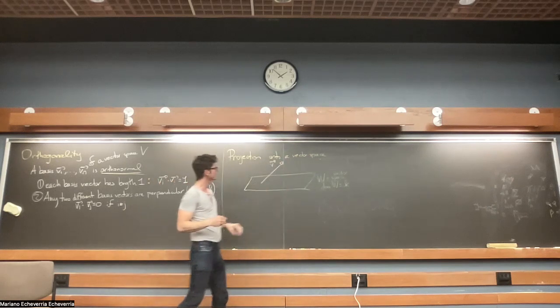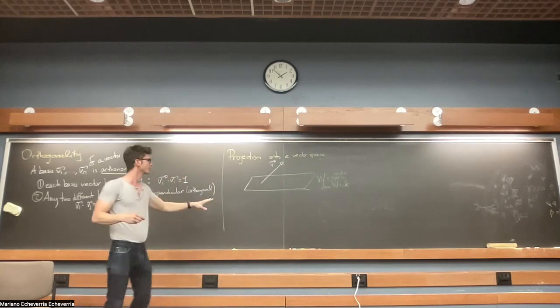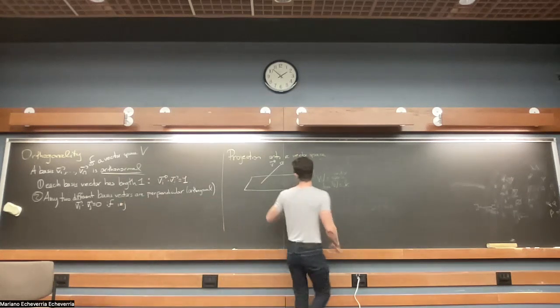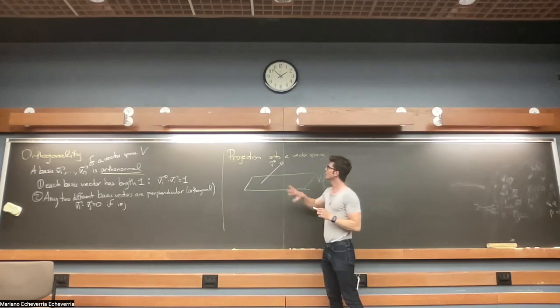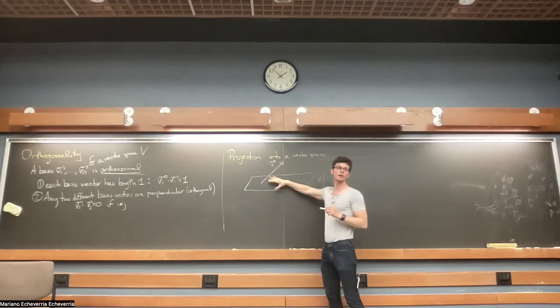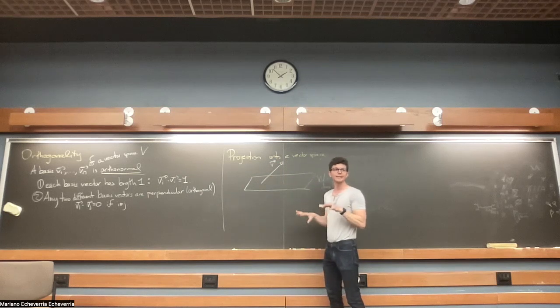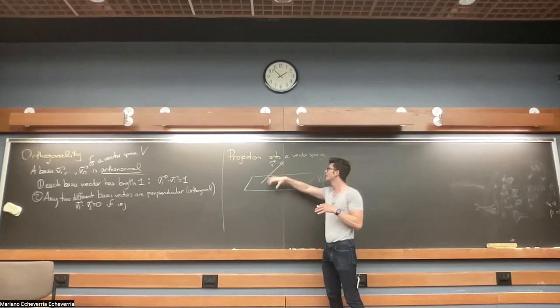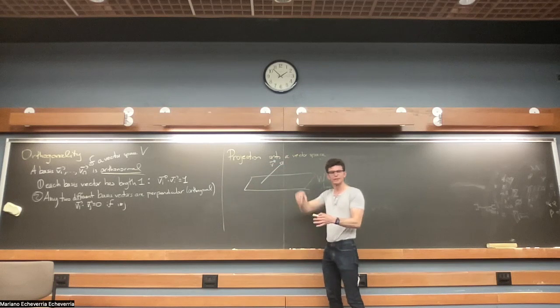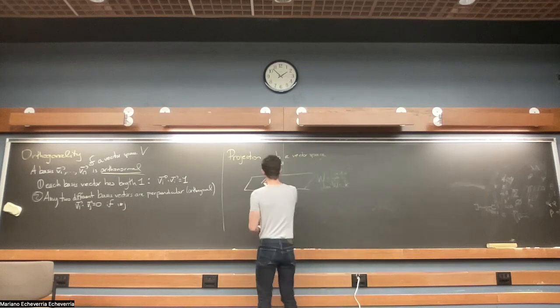most of what I was saying last time can be summarized in the following picture. When you have a random vector v, you should think about this vector making a shadow on this vector space. If this were a realistic picture, this would be the floor, right? This is some vector in space, and literally the shadow is the shadow.